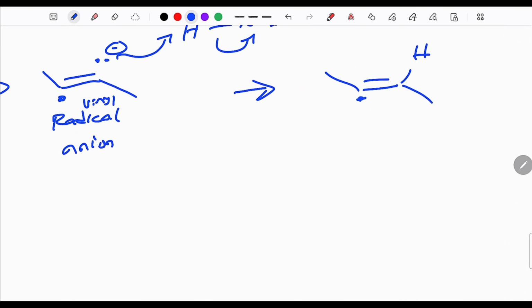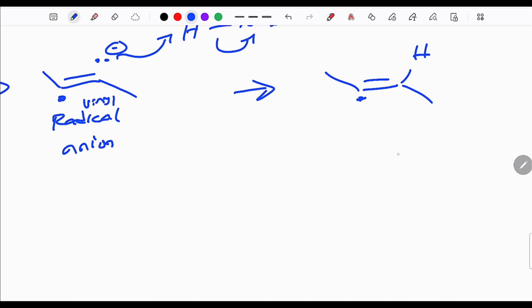So once we get a neutral vinyl radical, which is this, it quickly adopts the trans conformation of substituents due to steric hindrance, okay? Remember, a cis conformation has lots of steric hindrance, but a trans conformation does not have much steric hindrance, okay?